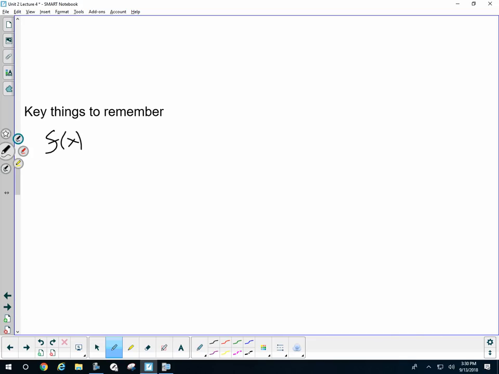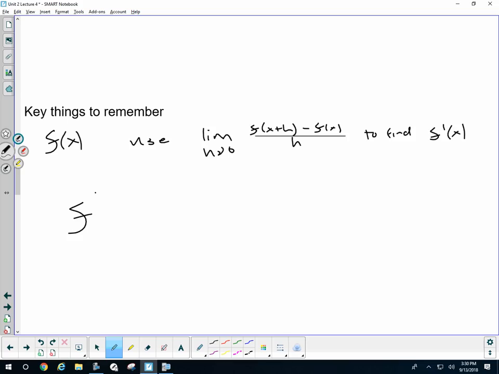Starting with f, we use this formula to find f prime. Now, once we have f prime, we plug in x's into f prime, and we'll get tangent slopes to f.